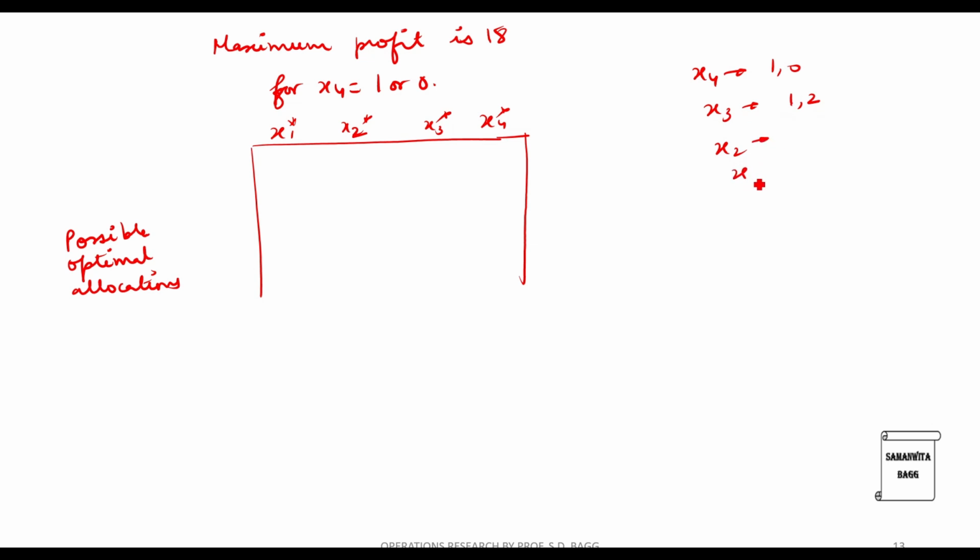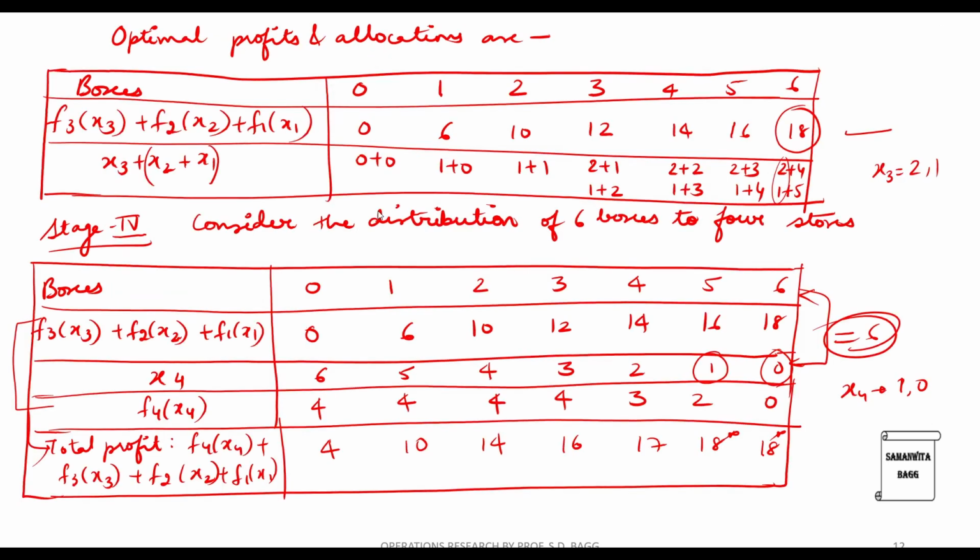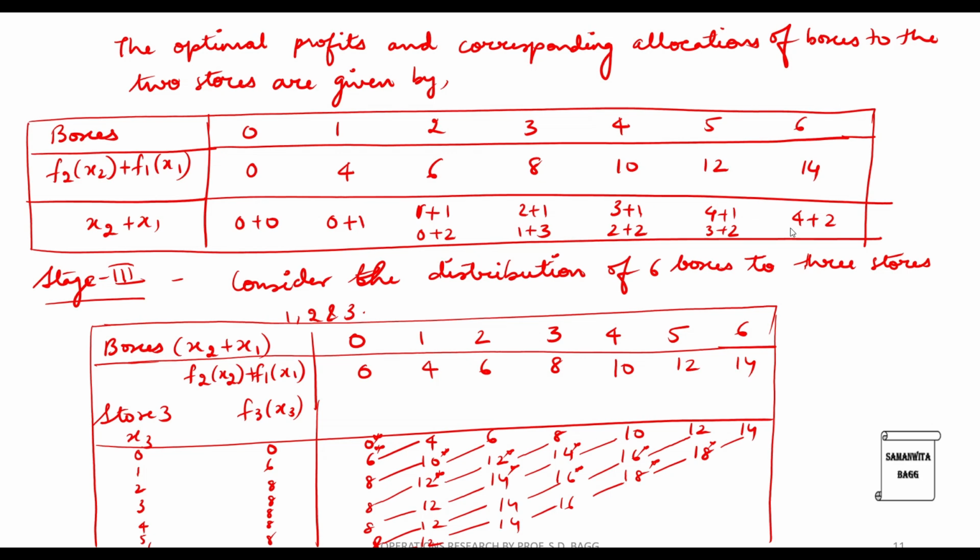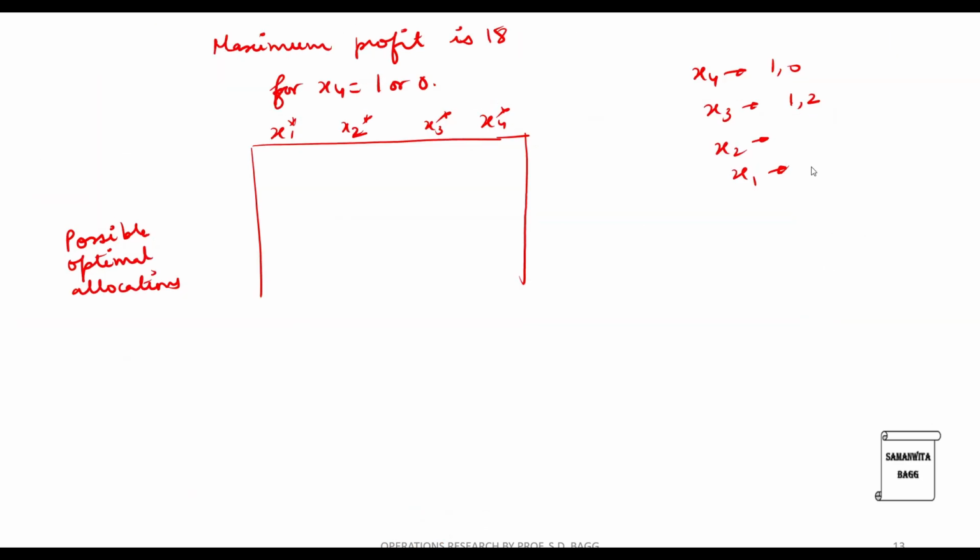For x2 and x1, you need to first understand that these two will add up to either 2 or maximum 3. So these two should add up to either 3 or less than 3. So here if I go back, if x2 is 4 in any possibility, 4 plus 2 is 6, 4 plus 1 is 5, 4 plus 0 is 4.